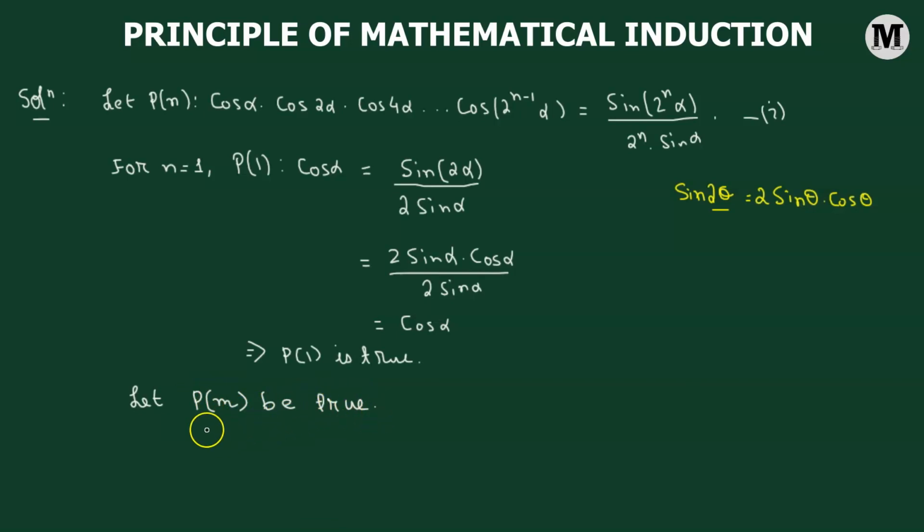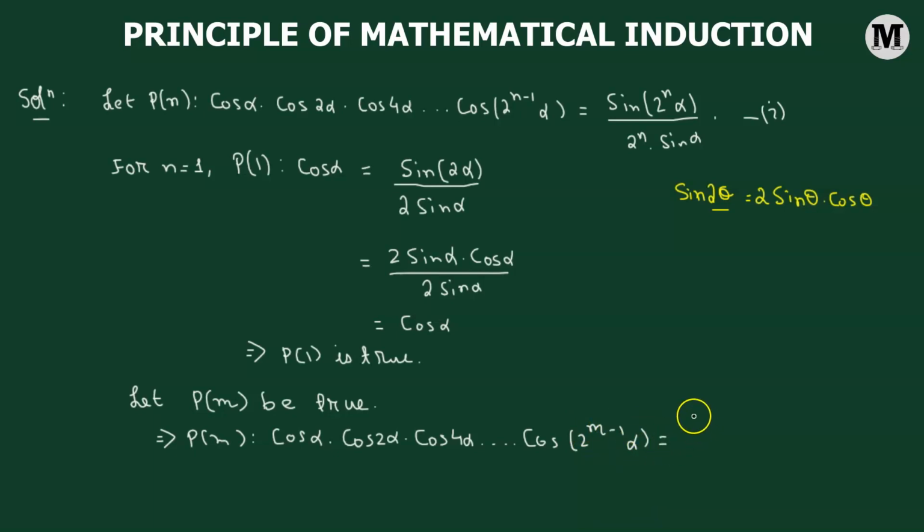So what does it mean? If P of m is true, this simply implies that we have cosine of alpha multiplied by cosine of 2 alpha multiplied by cosine of 4 alpha. So this goes on to cosine of 2 raised to the power of, now in place of n minus 1, we're going to replace the n value with m such that we get 2 raised to the power of m minus 1 times alpha.